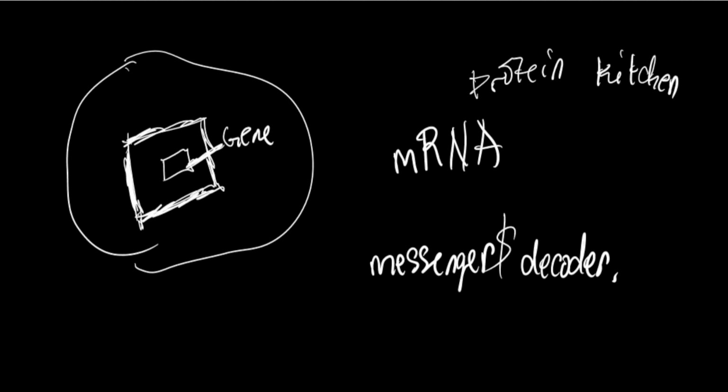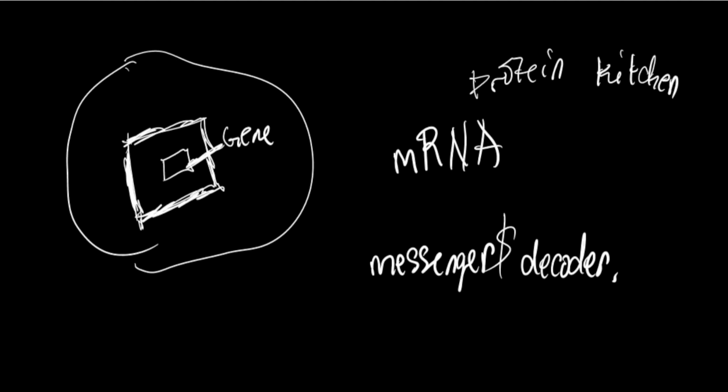So just as a recap of all that we have been discussing, we said that the nucleus is kind of like a cookbook library, okay? The DNA would be the cookbook. It contains all the recipes for all the proteins that the cell would ever need, basically.